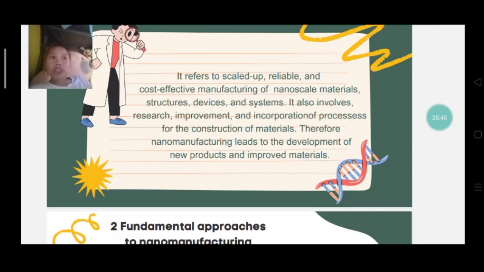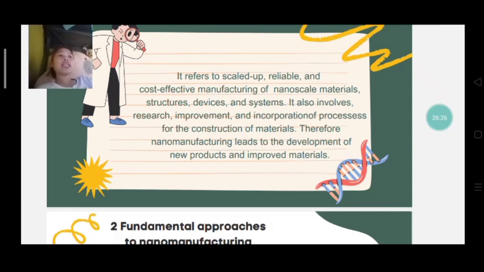The goal of nanomanufacturing is to develop new products and technologies that are more efficient, cost-effective, and sustainable than existing ones. It has the potential to revolutionize a wide range of industries, including electronics, medicine, energy, and environmental science. However, nanomanufacturing also presents significant challenges, including the need for specialized equipment, the need to maintain strict environmental safety and standards, and the need to ensure the quality and consistency of the manufactured products.